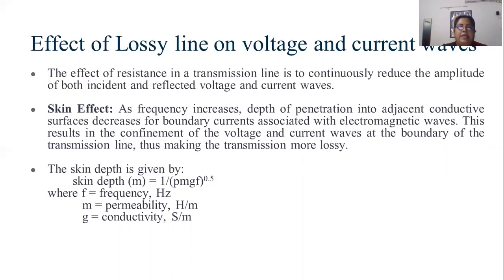As frequency increases, the depth of penetration into adjacent conductive surfaces decreases for boundary currents associated with the electromagnetic waves. This results in the confinement of the voltage and current waves at the boundary of the transmission line, thus making the transmission more lossy.